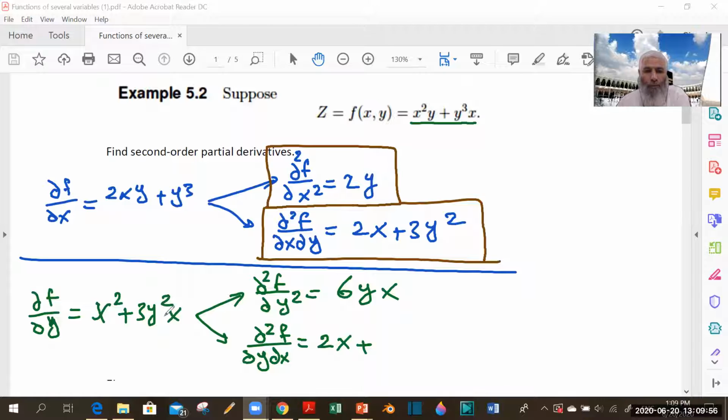With respect to x, the derivative of x is 1, so this is 3y squared.